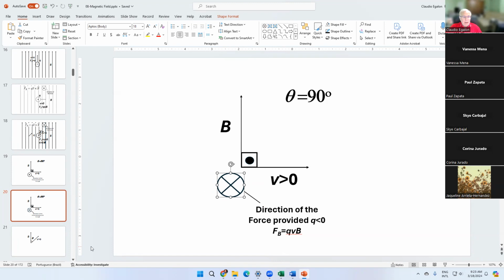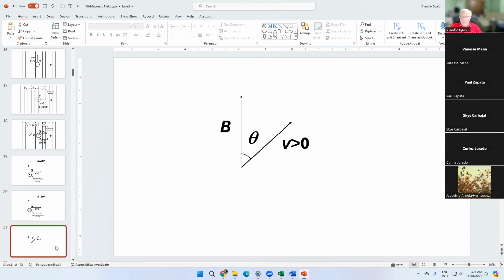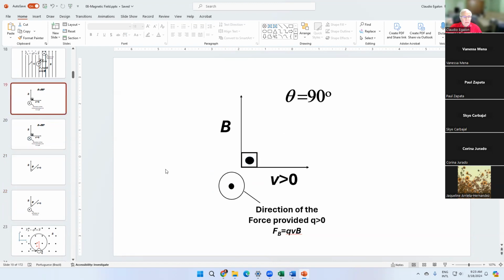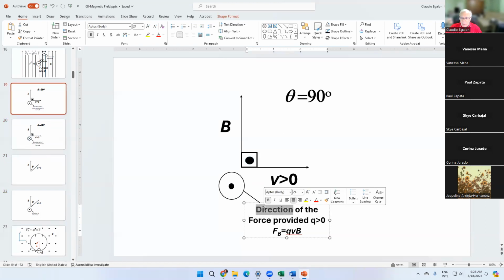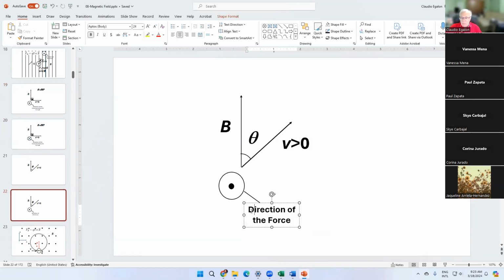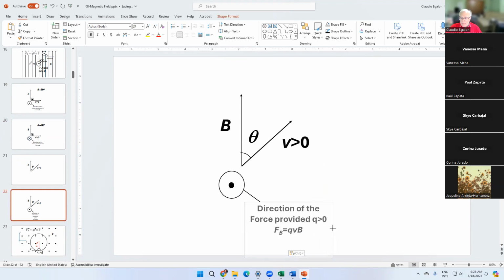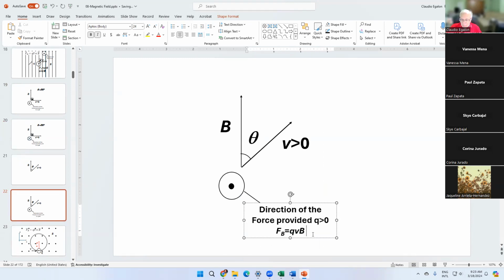Okay, and the same thing applies here, right? You go direction of the force, provided Q is greater than 0. In this specific case, the force is going to be proportional to sine of theta.